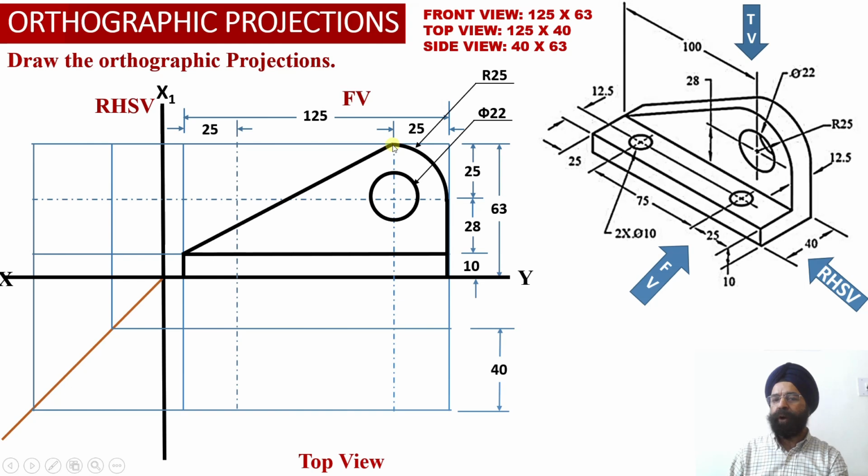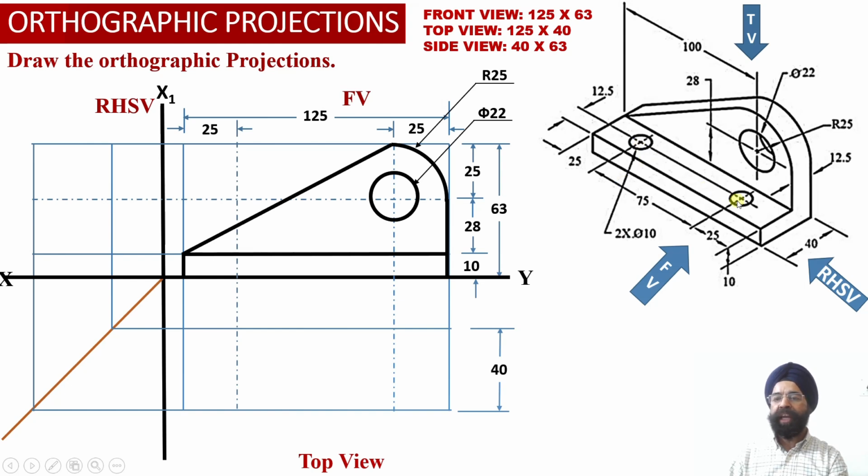So from this point we have drawn an inclined projection corresponding to this inclined surface, and we have observed that at the left hand side, this inclined surface is going to meet with the top surface of this horizontal element, the horizontal web, element number 1. So now we have been able to obtain projections corresponding to element number 2.